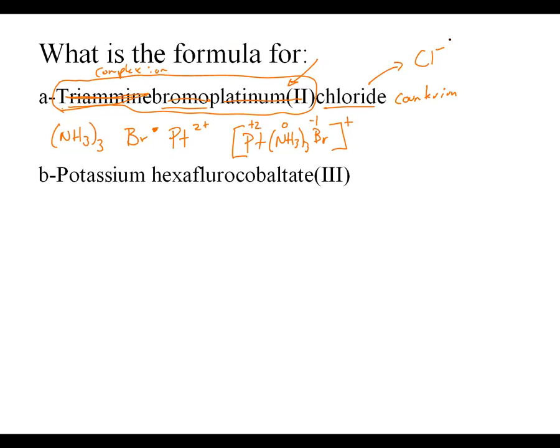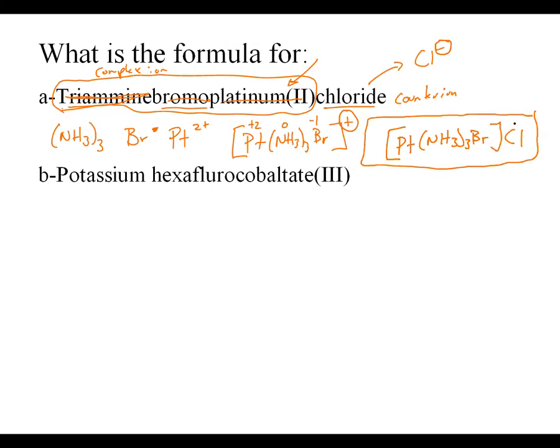In this case, we have a +1 and a -1, which means when we put it together, we only need one of each. That would get us something that looks like this. Any questions on that one?